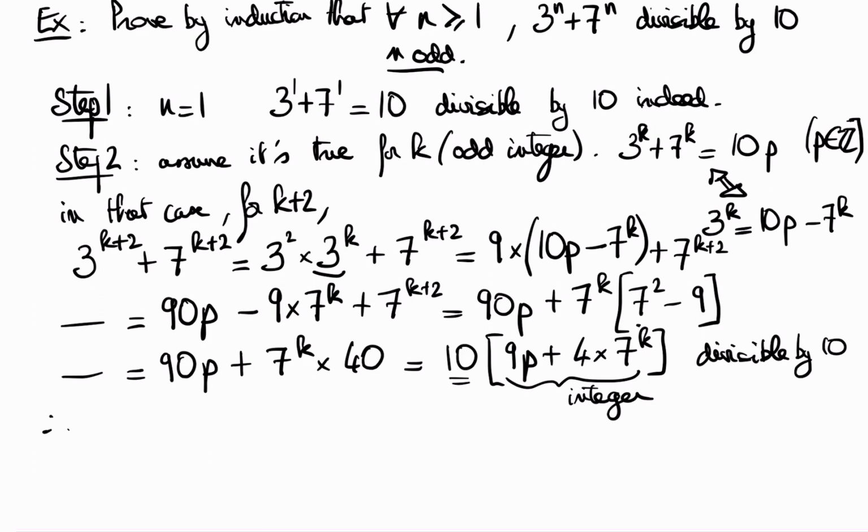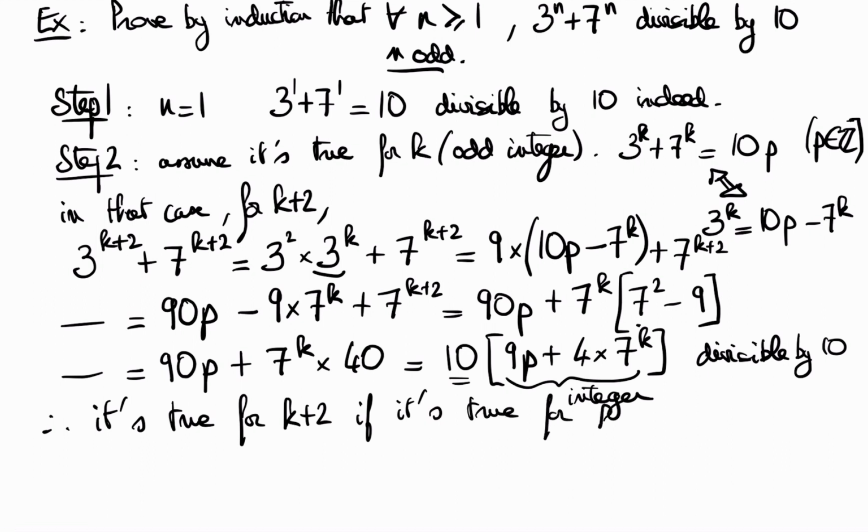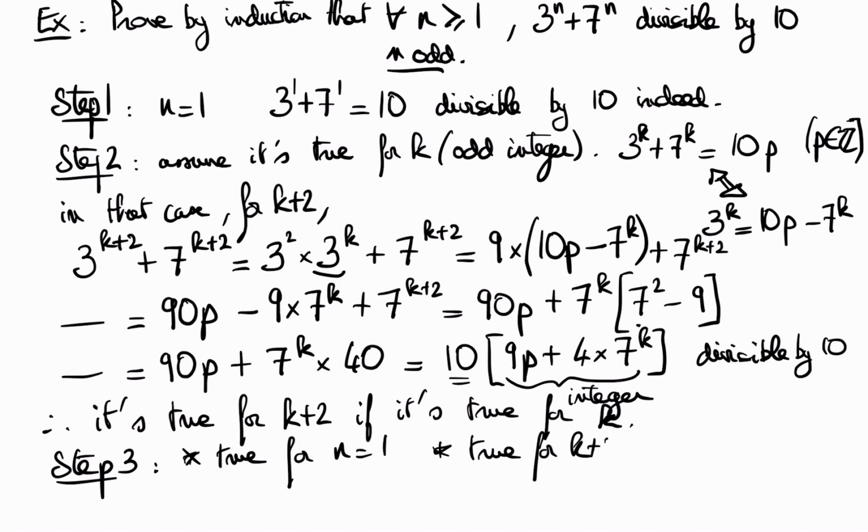So, therefore, it's true for k plus 2 if it's true for k. And then step 3, okay, I'm going to be a bit faster. So it's true for n equal 1, and then it's true for k plus 2 if true for k.